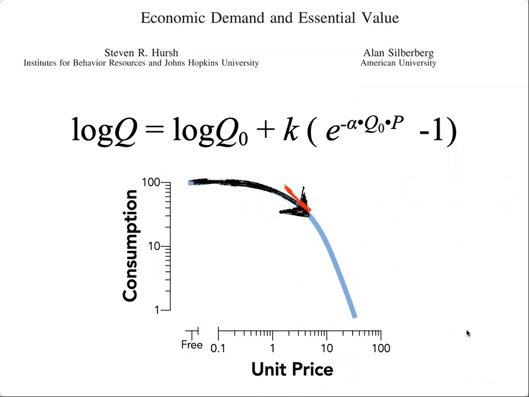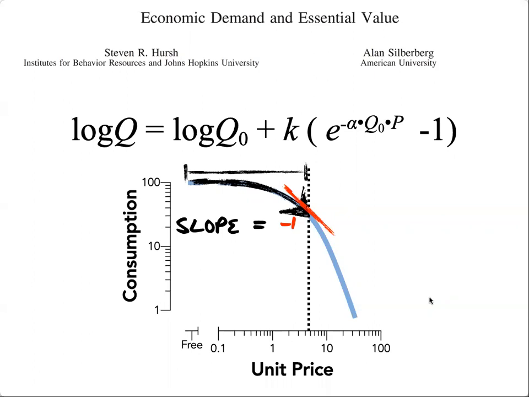I mentioned before that we can look at elasticity values across a demand curve. And at some point, you will get an elasticity value that's exactly -1 in this log-log space. So 1 unit price increase is met with a 1 log unit decrease in consumption. That is exactly a 1-to-1 correspondence. So that's a slope of -1.